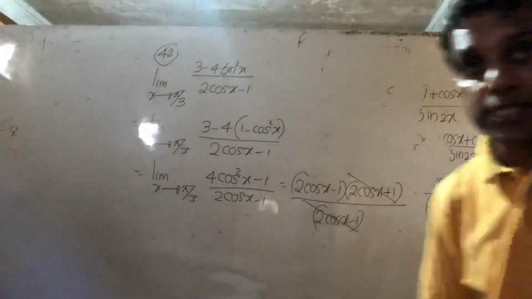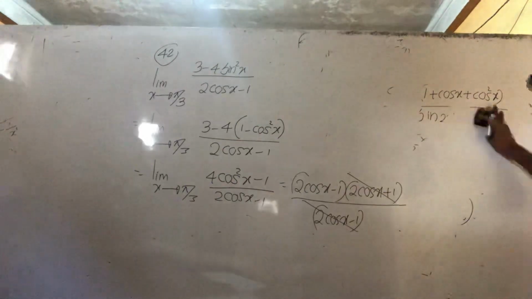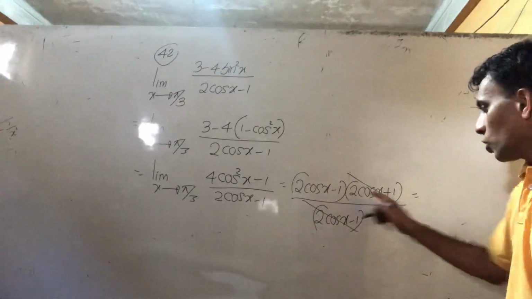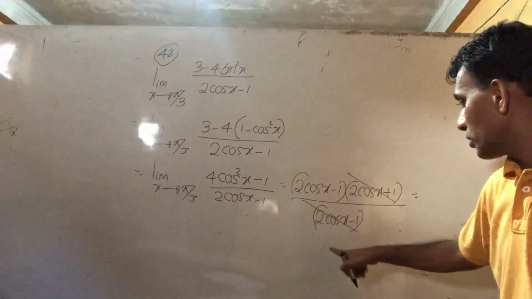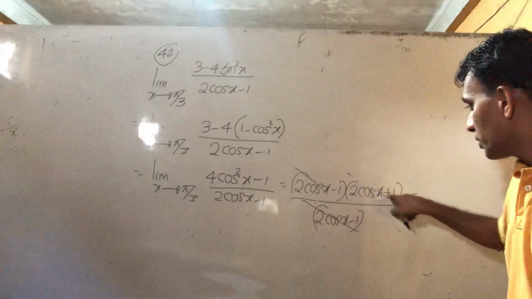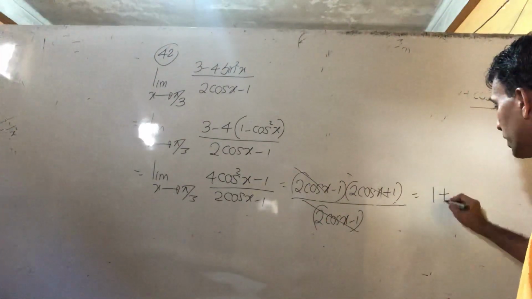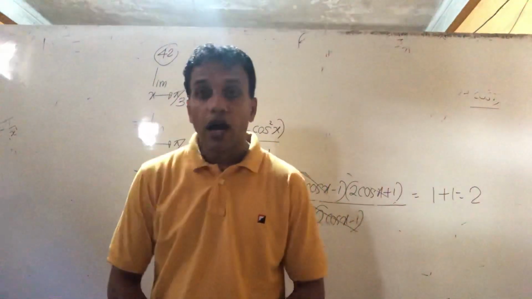Limit x to 60 degrees or pi by 3, and I apply pi by 3 to get the answer. Put x as pi by 3. Cos pi by 3 is half. Half times 2 is 1. 1 plus 1, that is 2, right? The limit exists. Answer is 2.